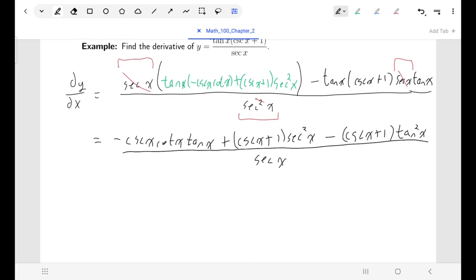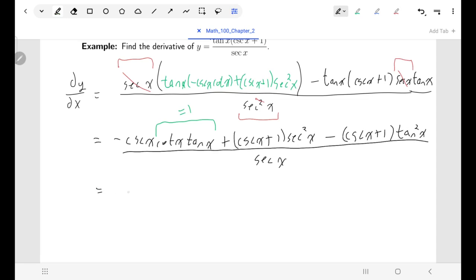So one thing I'm going to notice here, and this is, again, the simplifying is maybe made easier the more trig identities you know. One thing I recognize is cotangent and tangent are reciprocals. When you take tangent and multiply it by cotangent, that's equal to just 1. And that's, again, because they are reciprocals of each other. Tangent is 1 over cotangent, and vice versa. So that's one thing I can do to make my life a little bit easier.